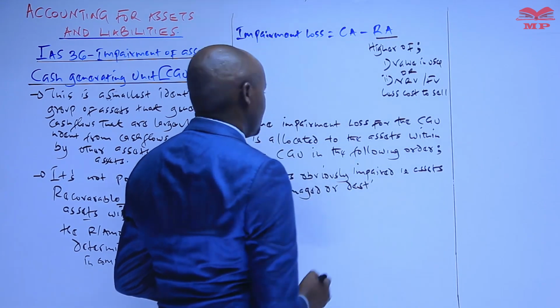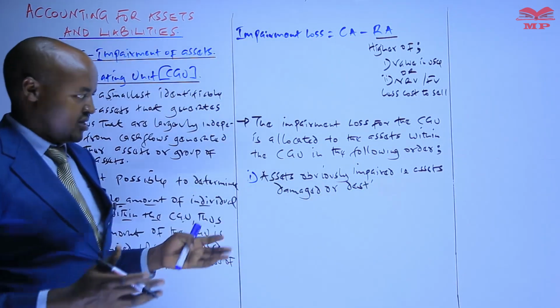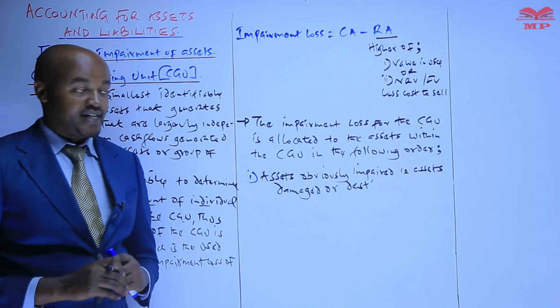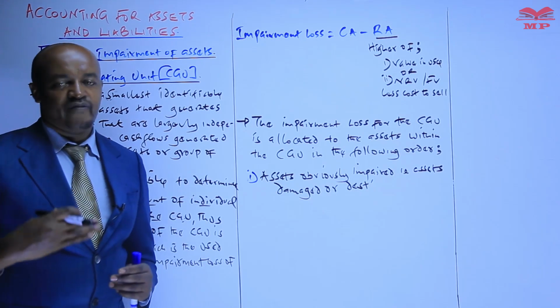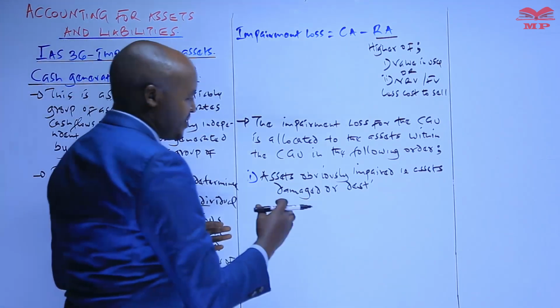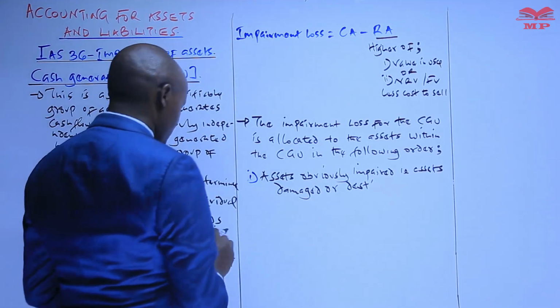So basically what that means is that if the company decides to sell this particular cash generating unit, then that particular asset which is obviously impaired will not fetch any amount of money because it is damaged, or basically it is destroyed.